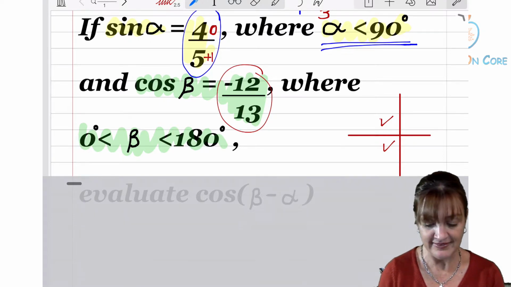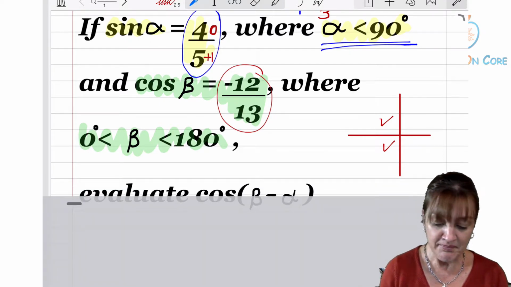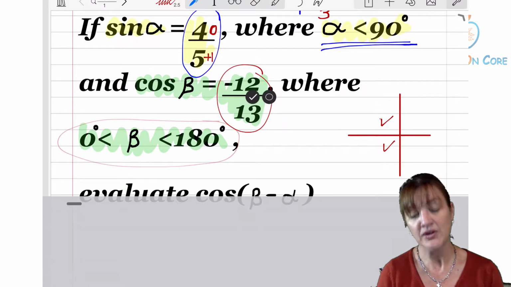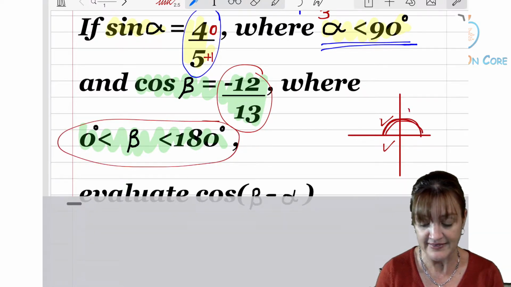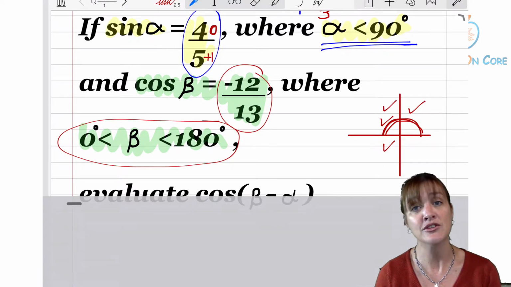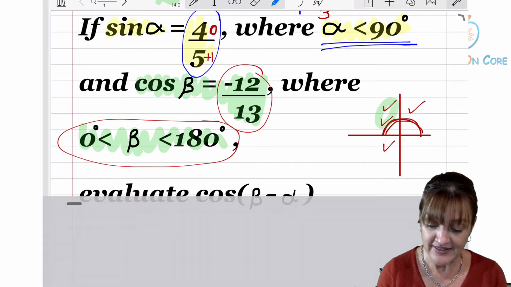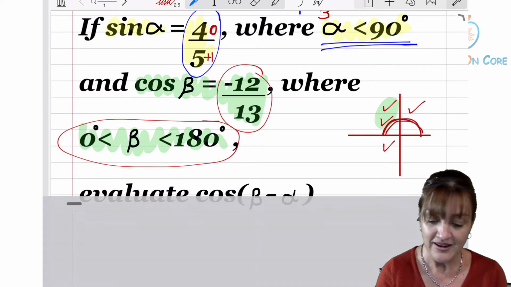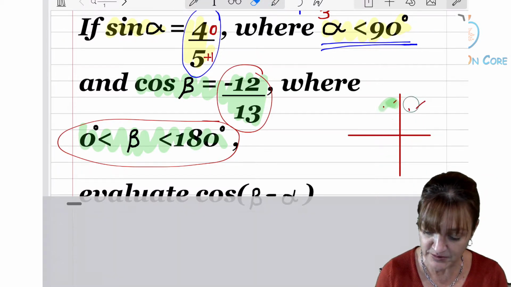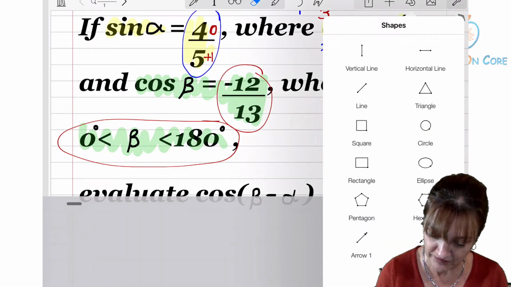That's where cos is negative. But it says that we are only working from 0 to 180 degrees, and 0 to 180 degrees is taking up quadrant 1 and quadrant 2. So do you see that it's in quadrant 2 where all the conditions are satisfied? So it means your diagram is going to be drawn into quadrant 2.